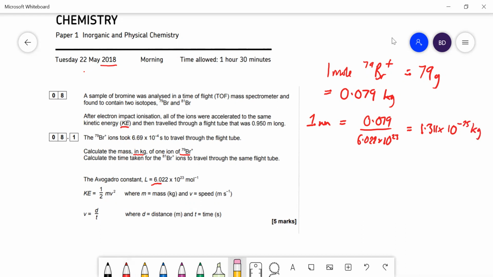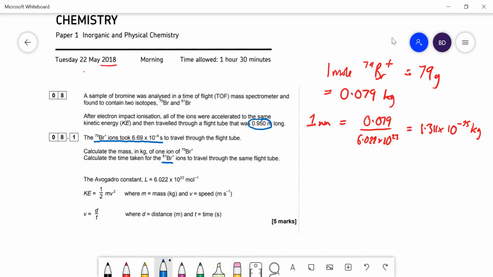Now, the next part, we need to calculate the time taken for the 81 bromine ion to travel. They give us the time for the 79, we have to work it out for the 81. They give us a bit of information here that's not strictly necessary, the length of the flight tube.